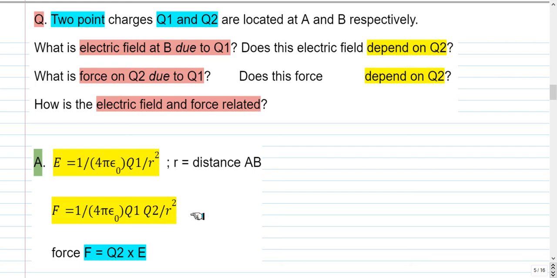So this force depends on the source charge Q1 and also the charge which is experiencing the force, and this force can be written as Q2 into the electric field produced by Q1. So in general, the force acting on a charge due to an external electric field can be written as the value of the charge into the external electric field.